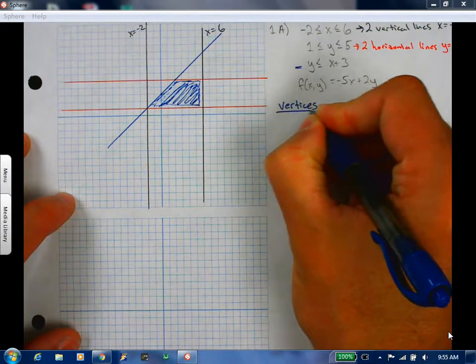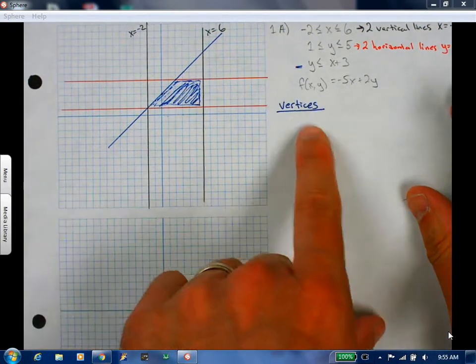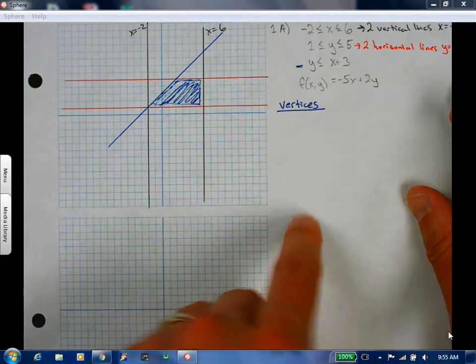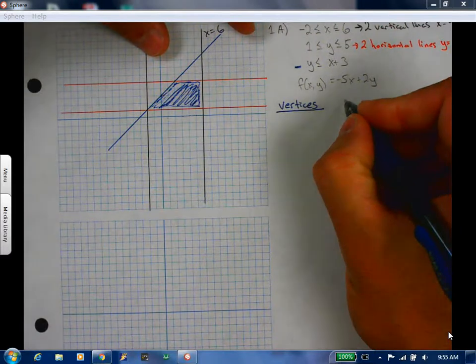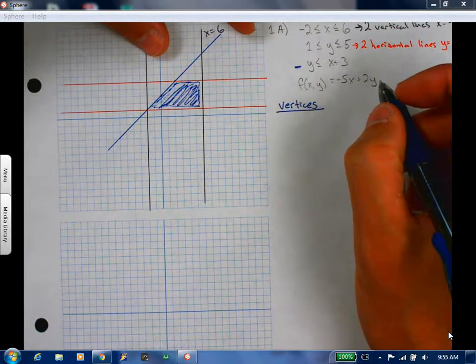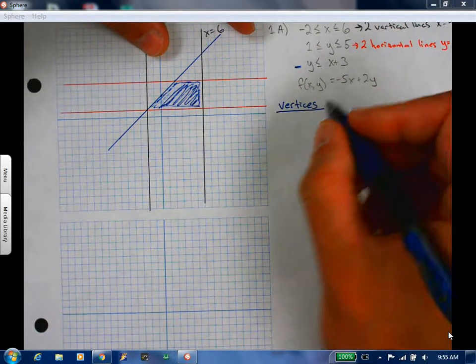So we're going to make a table here. I'm going to list the vertices vertically here. I'm just going to go through.